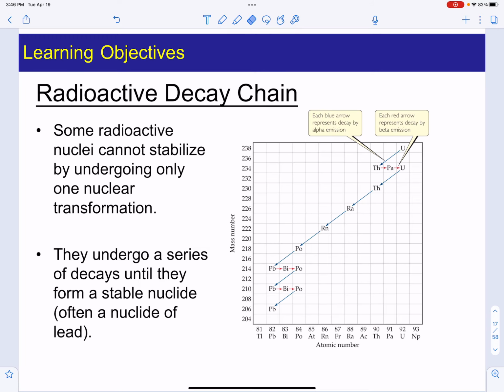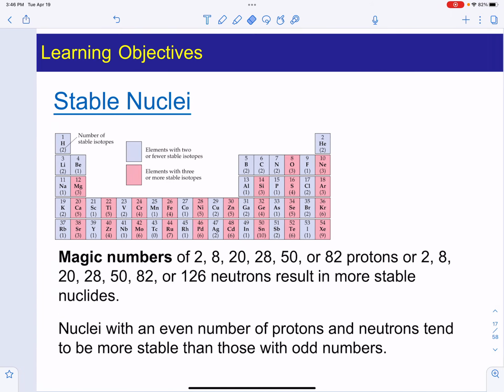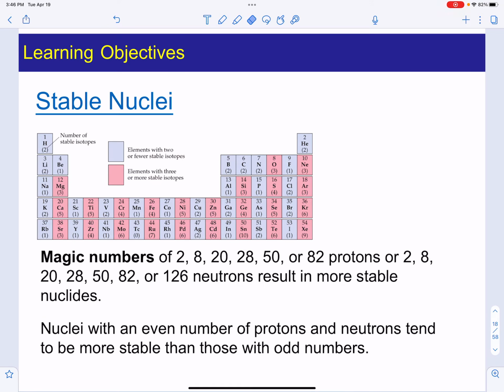And what we're going to see is that sometimes through experimentation we know that any element with this amount of protons is going to be stable, or with this amount of neutrons. So that's something you should have in your notes, because I don't believe this is going to be in your packet. So those, in general, based on what we know from experiments, are going to be very stable.